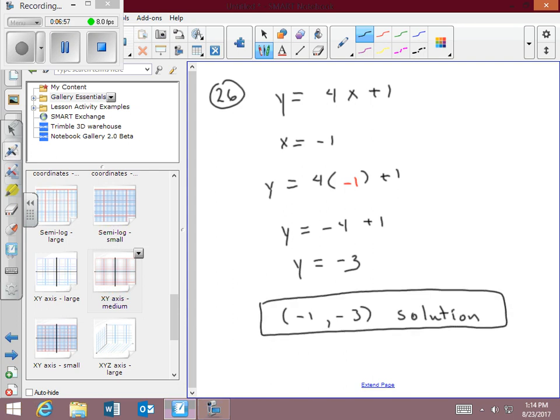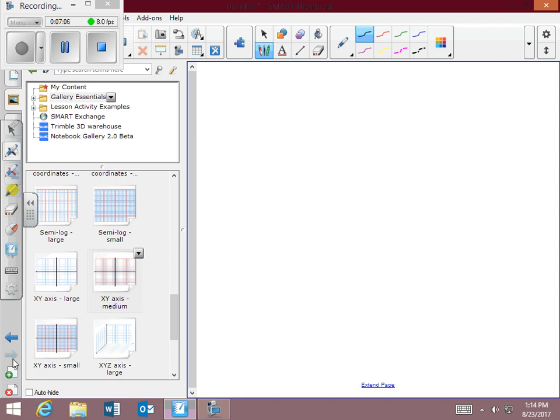They want the ordered pair solution. Okay? So if you have something like 32, it says y equals negative 1/6 x minus 2 when x equals 12.